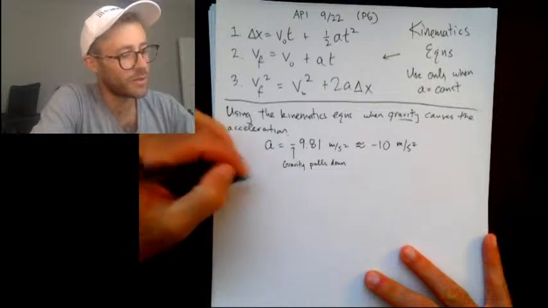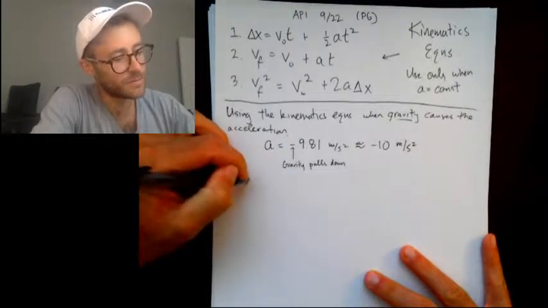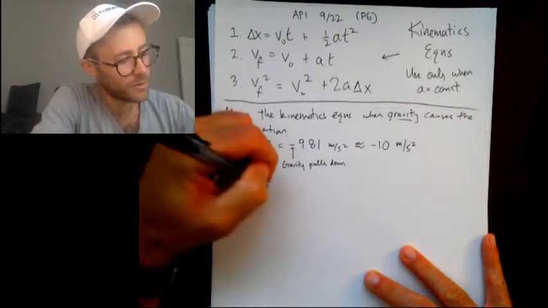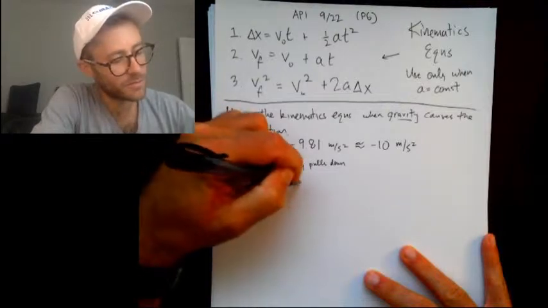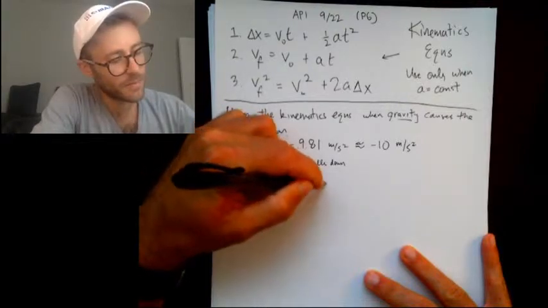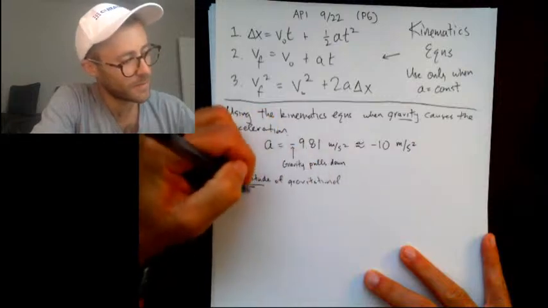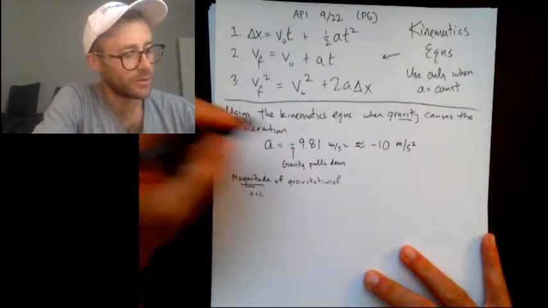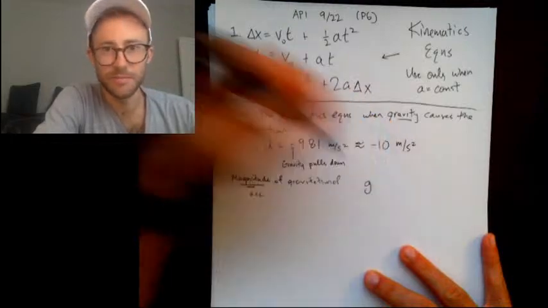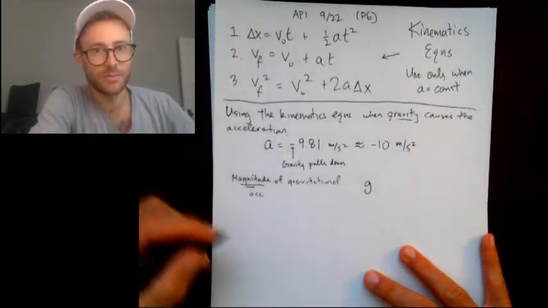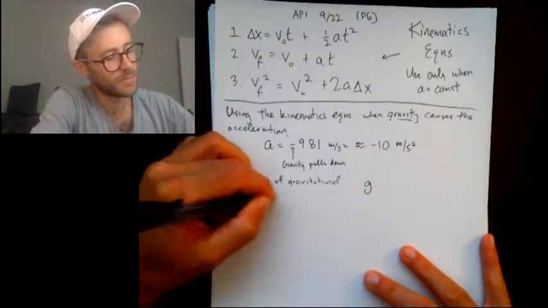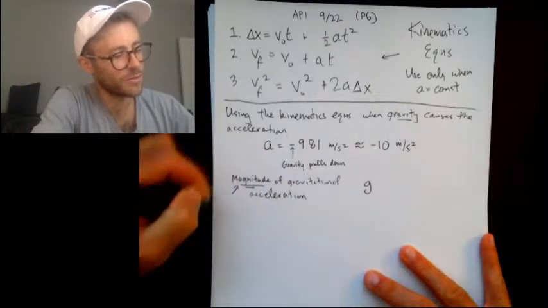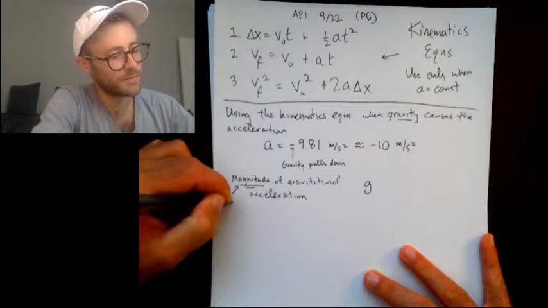We would say that the magnitude of the gravitational acceleration is denoted by G, and whenever I say magnitude, that basically means the absolute value.